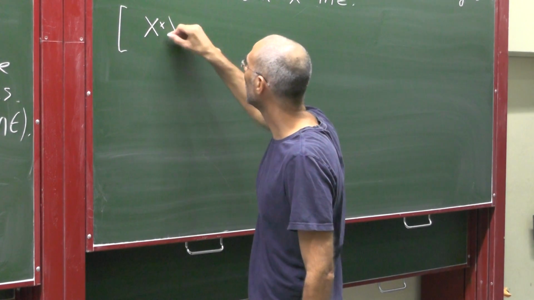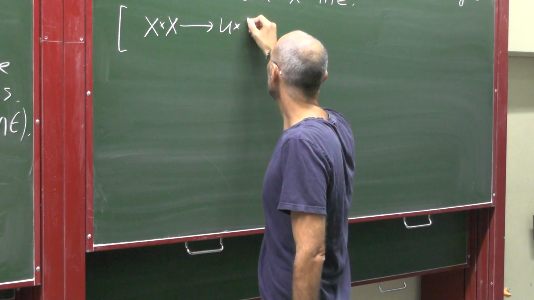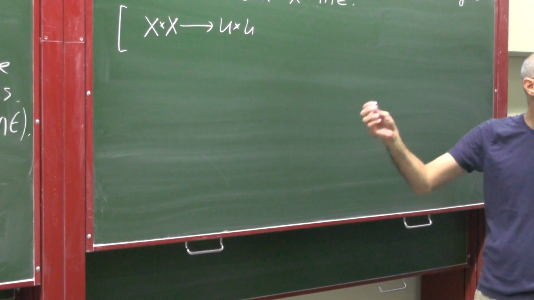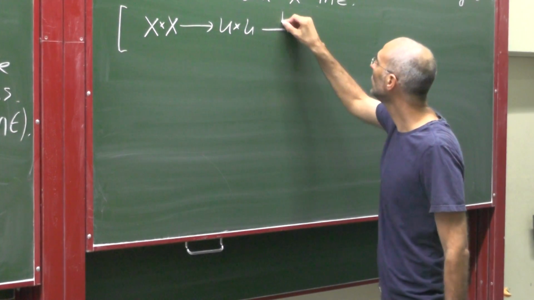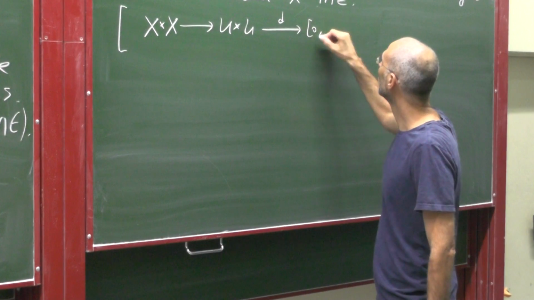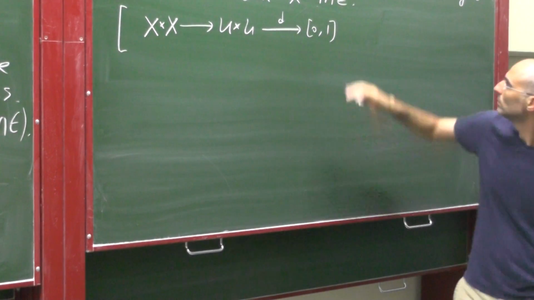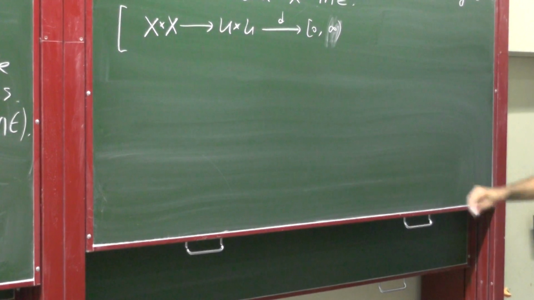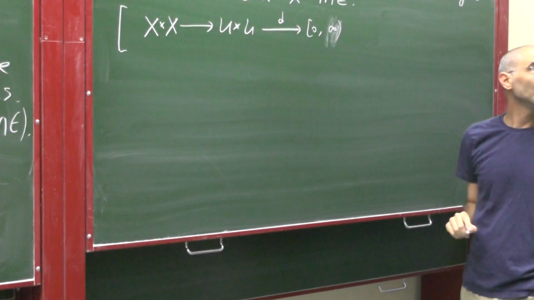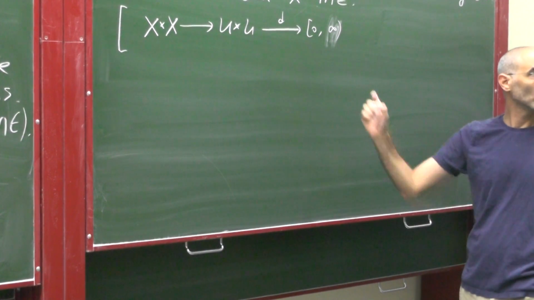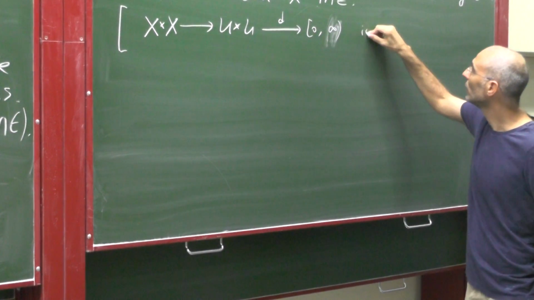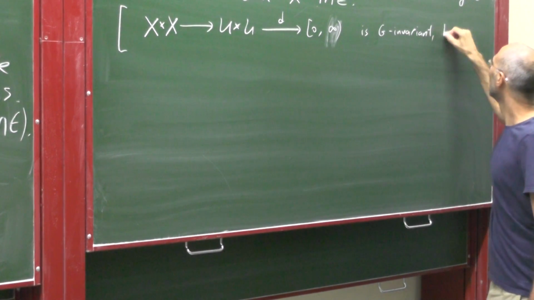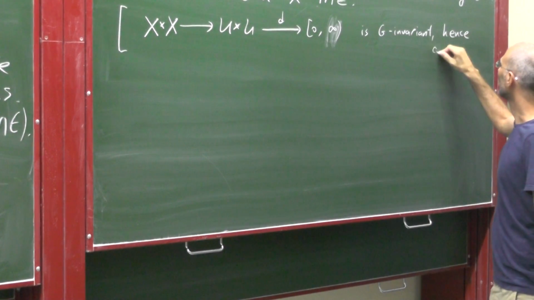Assuming we have some map to some U, consider the map from X times X to U times U. Now, this should be the G invariant map, because the metric is invariant. Is G invariant? Hence constant.